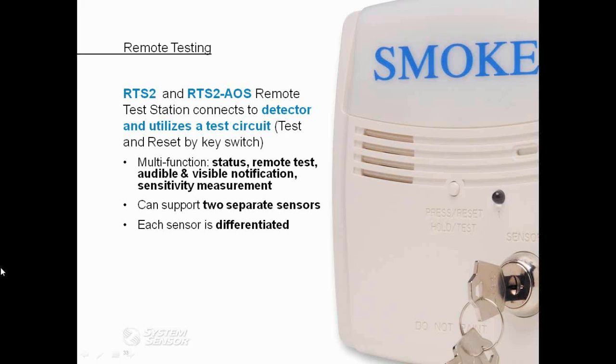And just to keep in mind, with the RTS2 models, you can only monitor 2 sensors when you're utilizing the 2-to-1 feature back to that 1 power board. You cannot monitor 2 full separate duct smoke detectors.